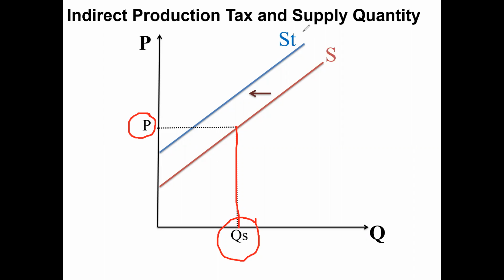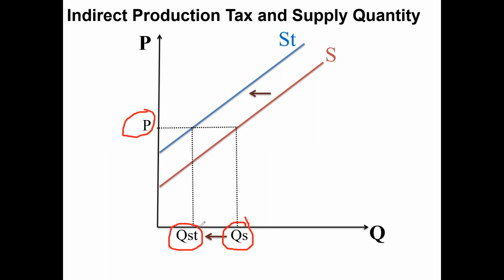They reduce the supply quantity up to this. At this price, before the tax the seller produced and supplied this much, but after the tax the seller reduces the quantity supplied. Assume the seller was supplying 100 units before the tax.